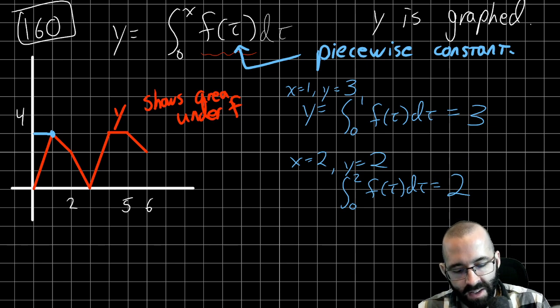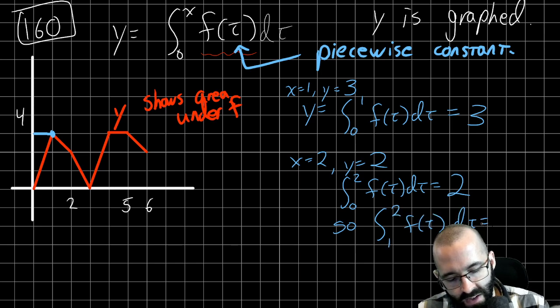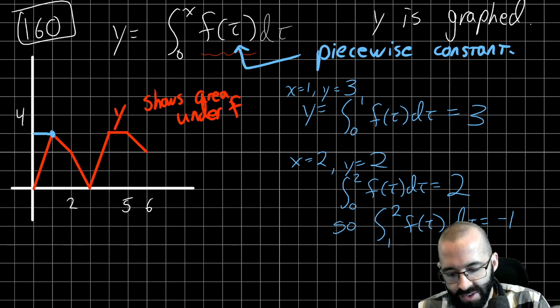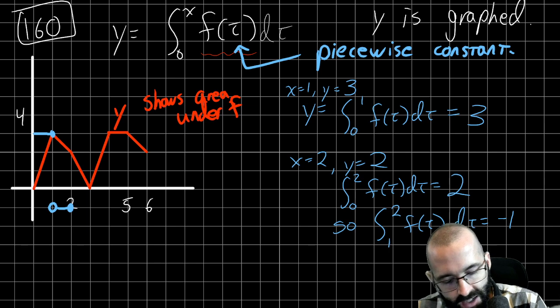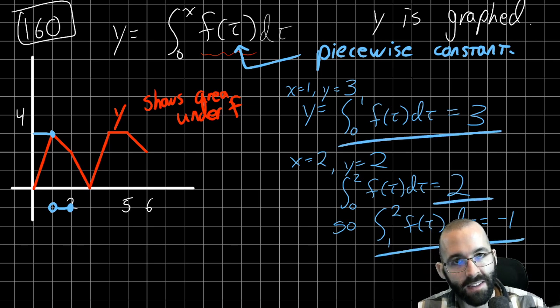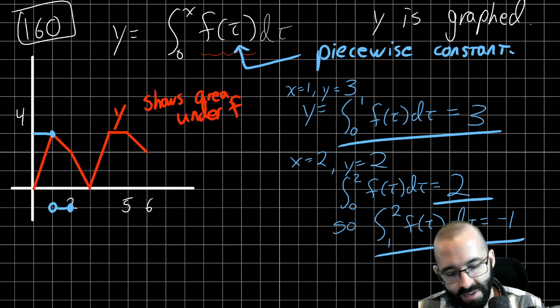How do we lose 1 in the interval from 1 to 2? This tells us by our properties of definite integrals that the integral from 1 to 2 of this function is -1. So the piecewise function actually jumps down to -1 here. Because the integral from 0 to 1 plus 1 to 2 needs to equal 0 to 2.